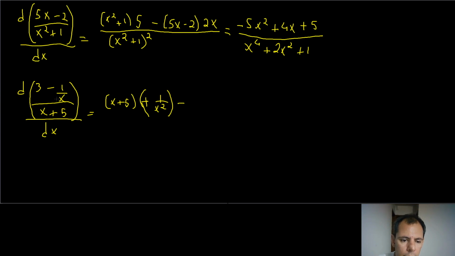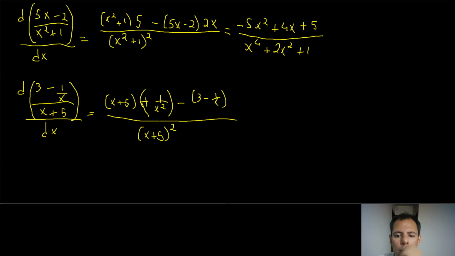Minus f of x, which is 3 minus 1 over x, times the derivative of g of x, which is just 1. And this whole thing divided by (x plus 5) squared. Now if anybody wants to develop this, you can expand it, multiply it out. I don't actually want to do it. I just want to differentiate it.